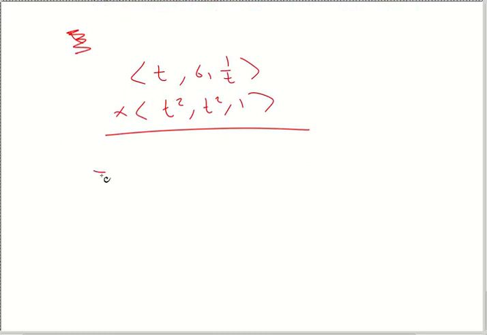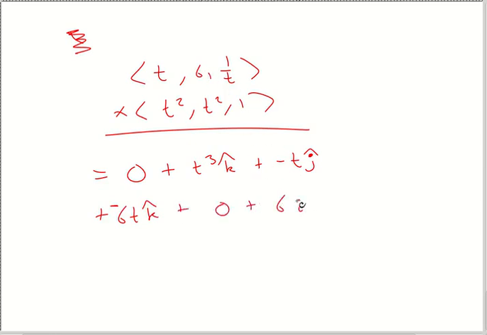So you always start with a 0. T times t squared is t cubed, k. T times 1 is going to be a t, but that's a negative j component, so negative t j component. I got 6t, but now that's a negative k component. Always a 0. 6 times 1 is 6, but that's a positive I component.